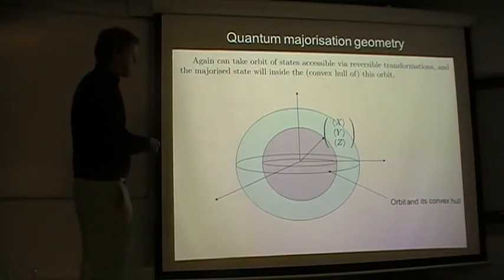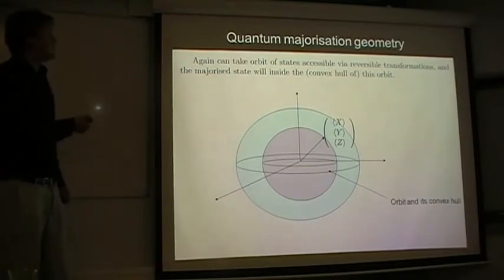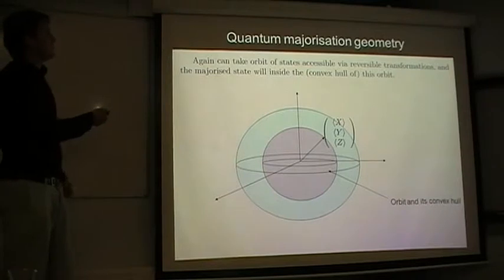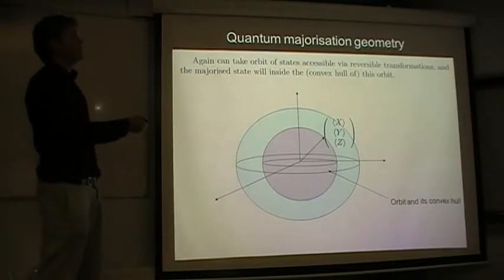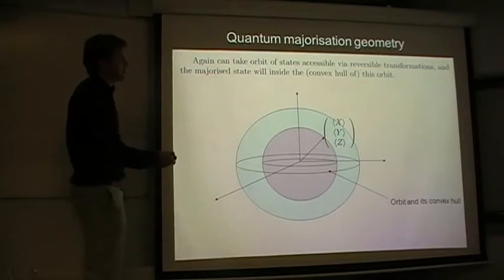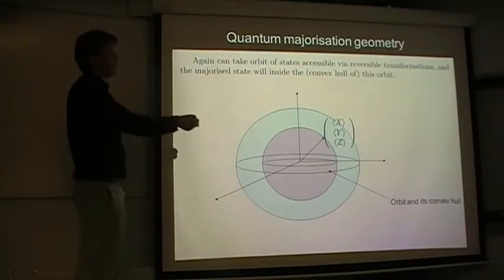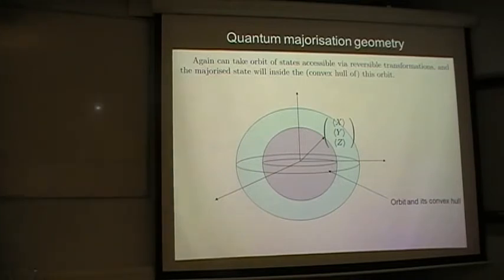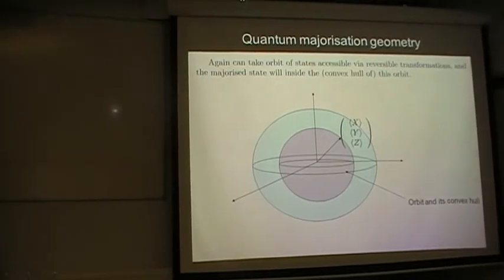This is a Bloch sphere. So again, we start in some state, and we can take the orbit of states that are accessible via reversible transformations. And you know, if you look at the Bloch sphere, I'll explain it just because I know that not everyone is from quantum stuff.